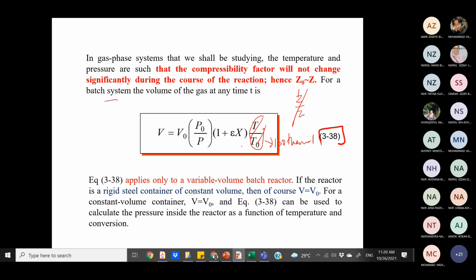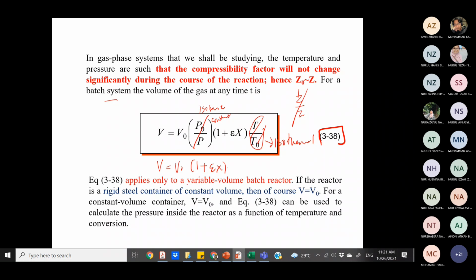And let's say the reaction is isobaric. Isobaric means constant P, so this one can also be cancelled. So the remaining would be V is equal to V naught times 1 plus epsilon X.